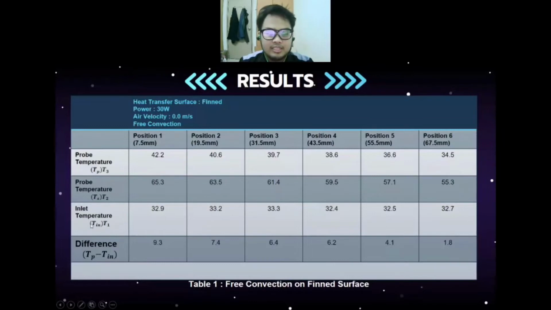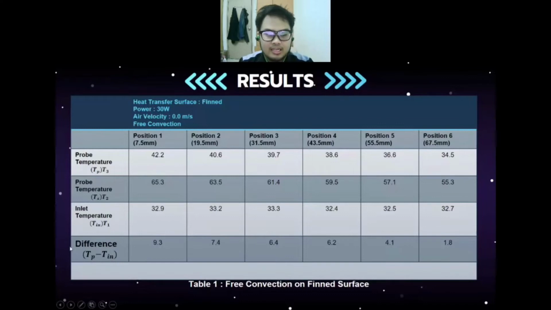For the inlet temperature, Tin, T1 for fin, the temperature is increasing until position 3. Then it decreases from position 4 until position 6.